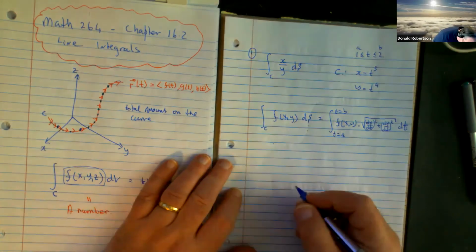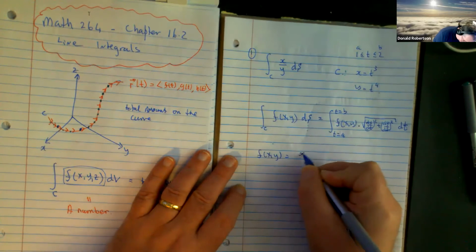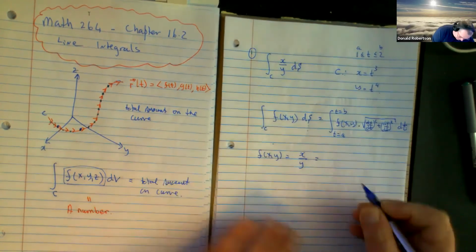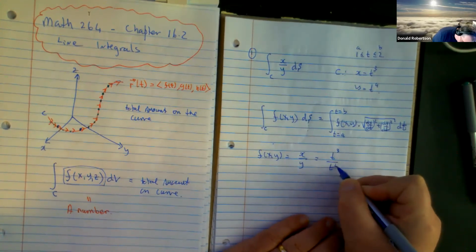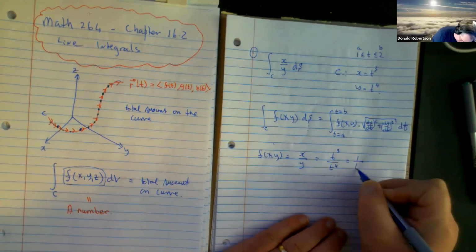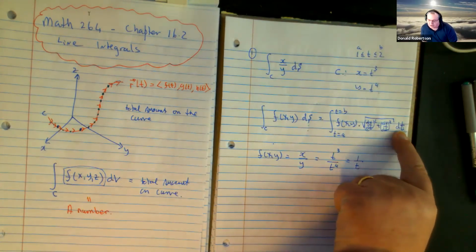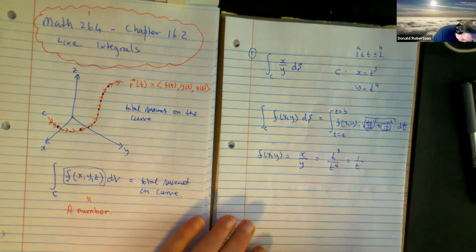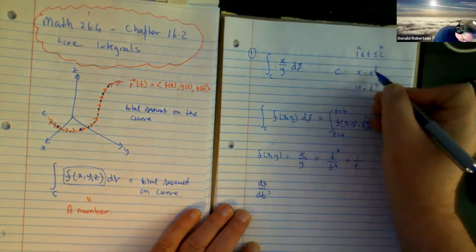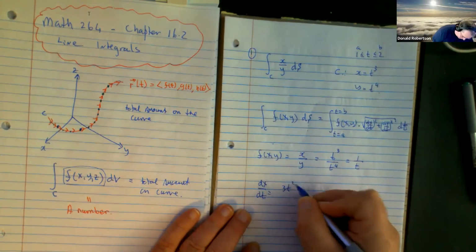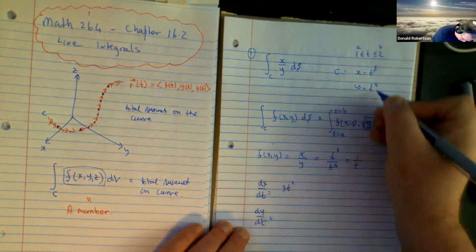Now let's put all the pieces together. That guy is him, but he gets turned into t cubed over t to the 4, which I make 1 over t. Do you notice that everybody has to turn into t because you're integrating with respect to t? Now, if I find dx by dt, it's 3t squared. If I do dy by dt, it's 4t cubed.